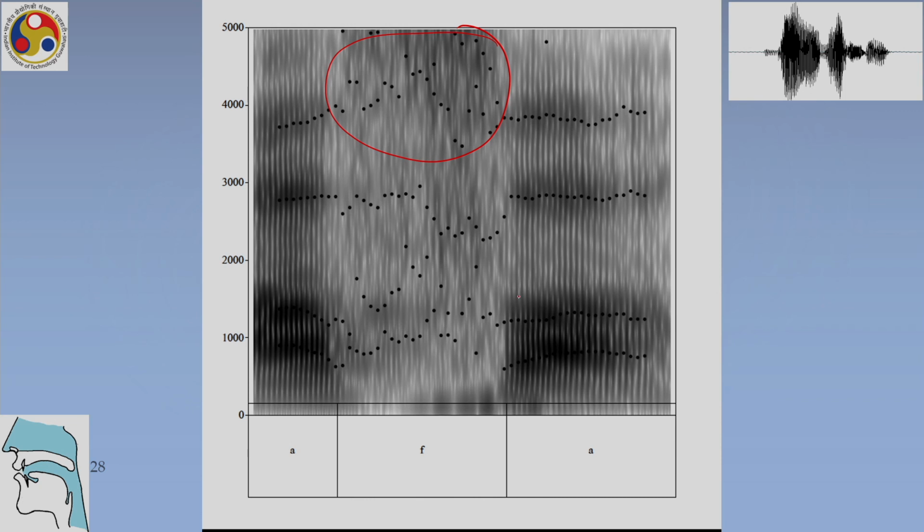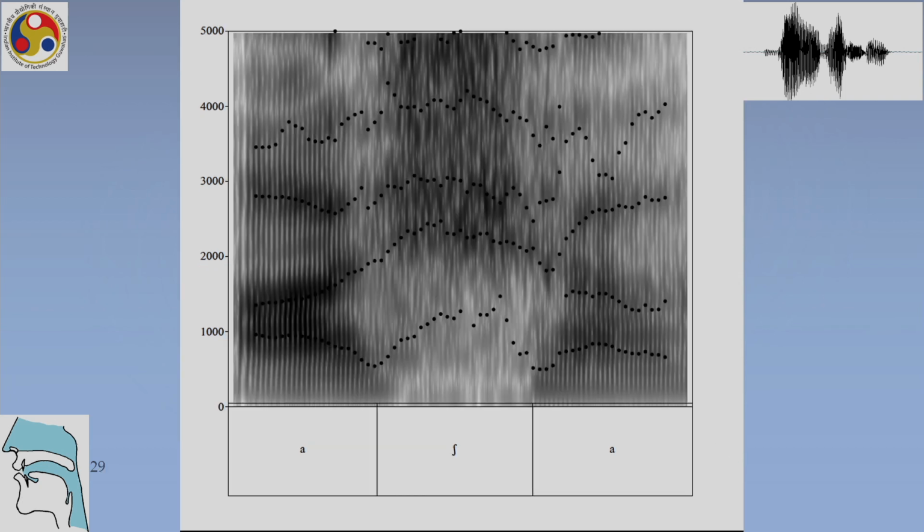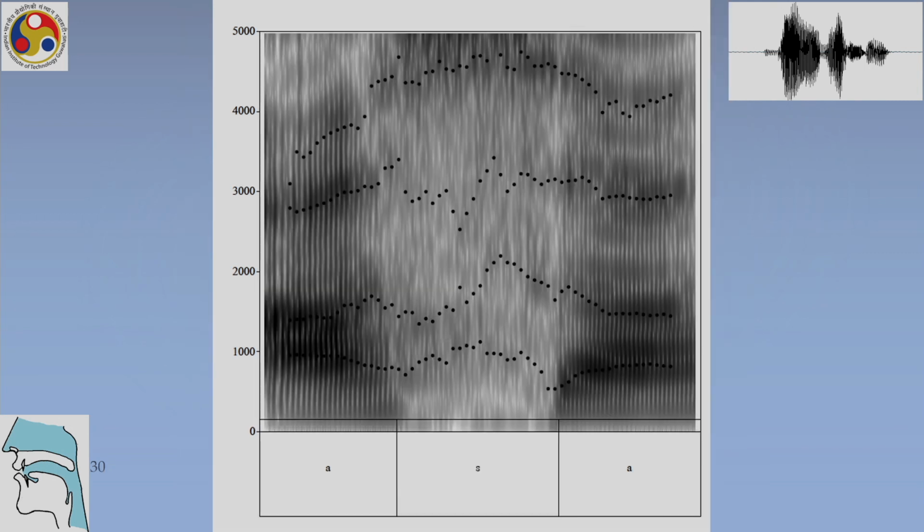We just see places where you have some energy in the period of the noise. So this is afa, this is asha. Now we see that the noise starts much lower for a fricative like sha. It starts somewhere around 2000, although it goes up, but it starts quite low.